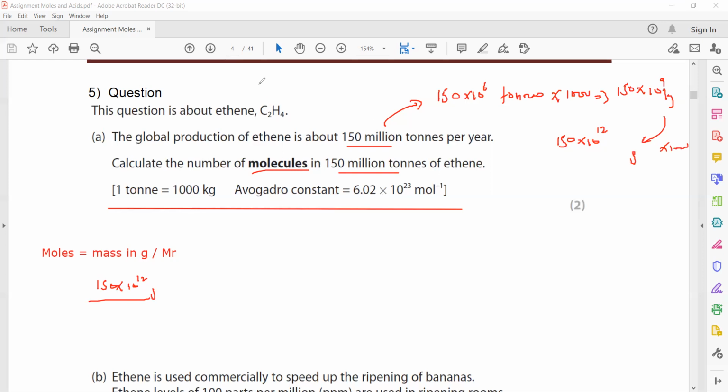Carbon is 12 multiplied by 2, which makes 24, plus hydrogen is 1 multiplied by 4, so the total will be 28. This is divided by 28 to get the moles. So the moles will be 5.35 into 10 to the power 12.